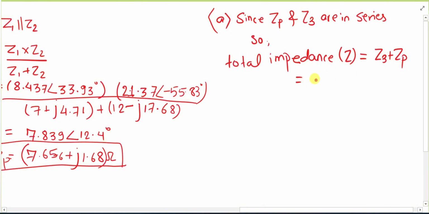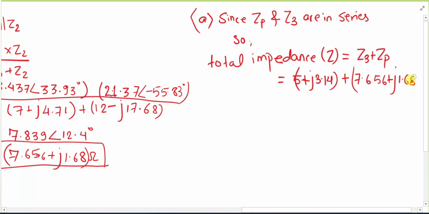Now just substitute their values, you will get 5 plus the ZP value. After substituting these values, you can identify the total impedance, which is 12.656 plus j4.82.